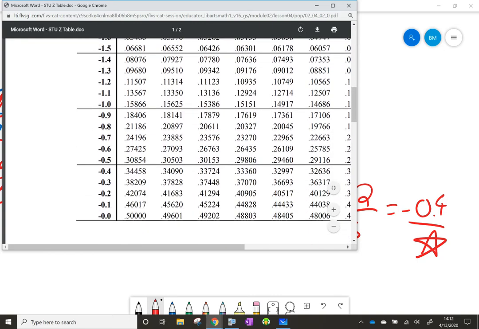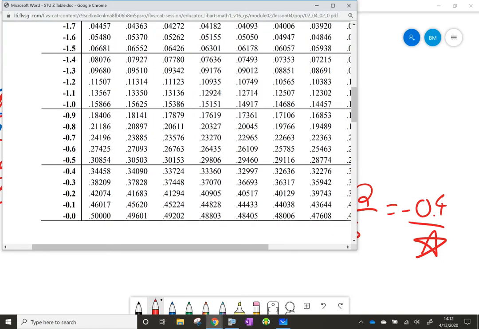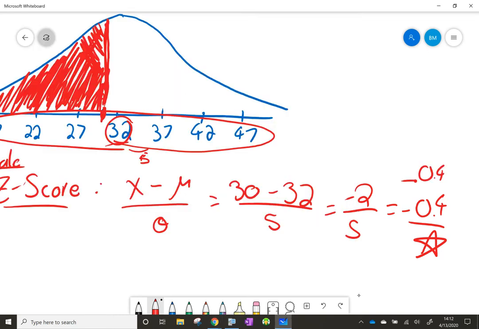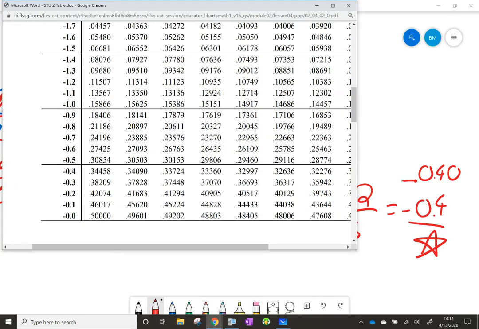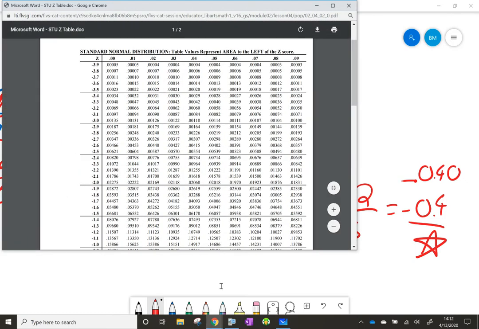So it's near the bottom. And now the numbers that are in that row go on the second digit. So since our number is negative 0.40, because negative 0.4 is named negative 0.40, when you go look at that table and you look at the top of that table, the top number is 0.00, 0.01 is the second digit.